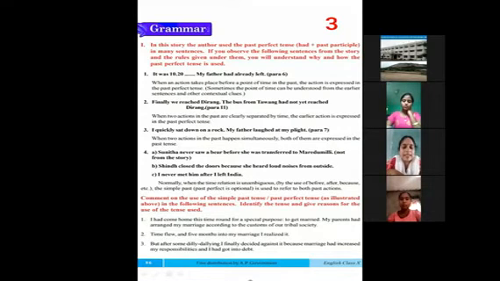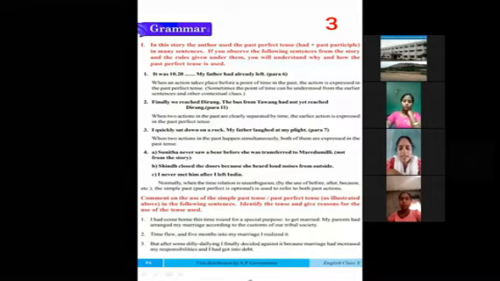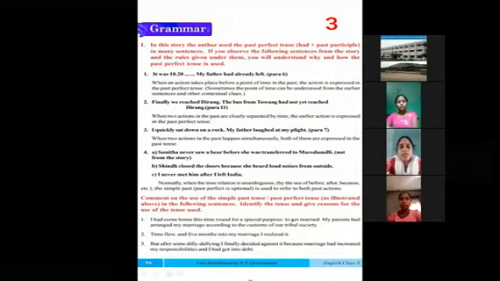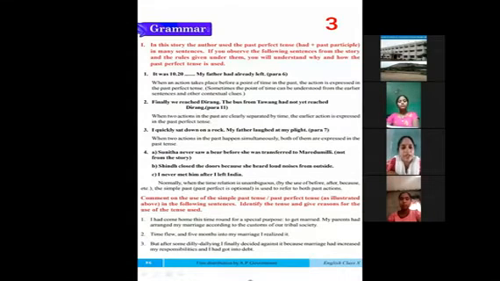If you observe the following sentences from the story and the rules given under them, you will understand why and how the past perfect tense is used. So we are going to learn when and how to use it. First rule: it was 10:20. My father had already left.